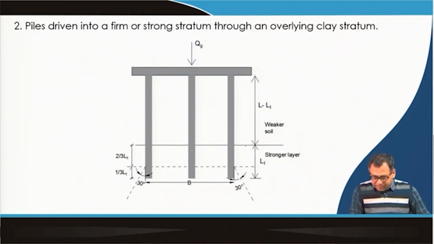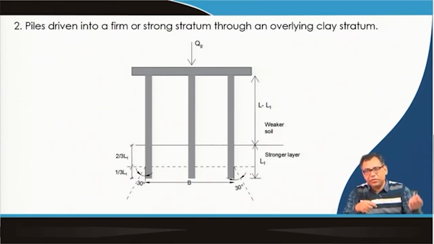Now, if the pile is resting in a stronger layer and the top layer is a very weak layer, then the raft we have to place at a depth of 2/3 from the top of the stronger layer. Suppose this is a weaker layer and this is a stronger layer. If it is a layered soil but the strain difference is not that significant, then we will consider it as a homogeneous soil.